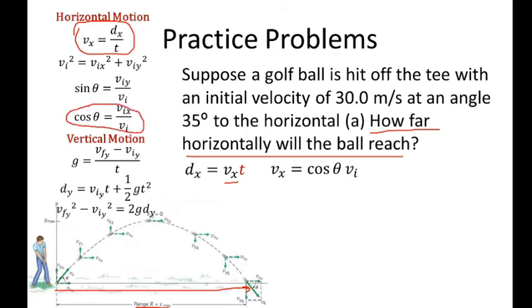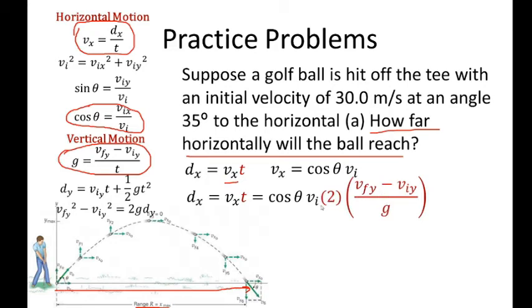And for time, we are not given time, so we will have to compute it using this formula right here. Although we have already computed time, if we did not know time yet, we can compute the value of time using this equation.